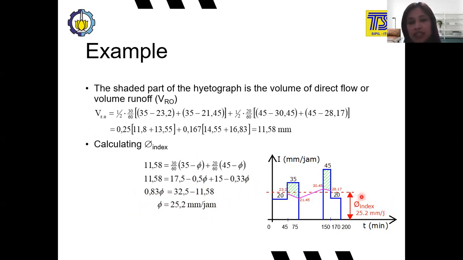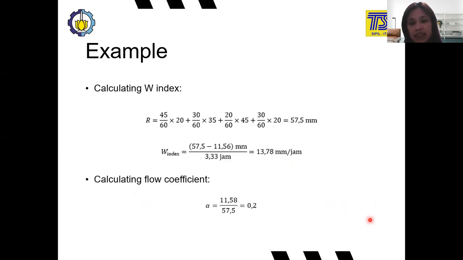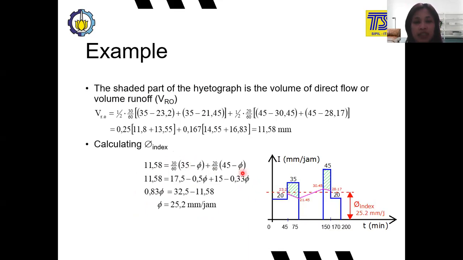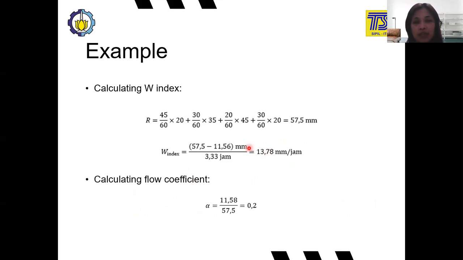And after we got this V index, we can calculate the W index also by using this effective rainfall. Here we have this 11.58. It should be 58, not 56.